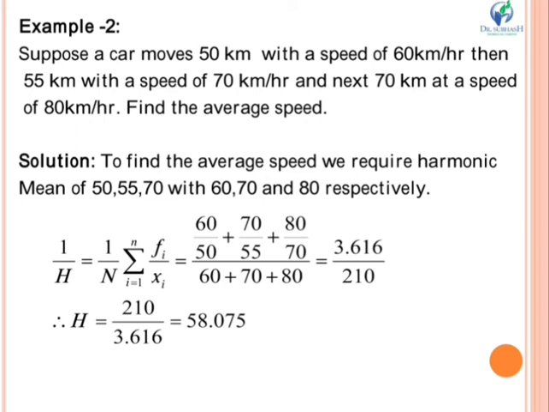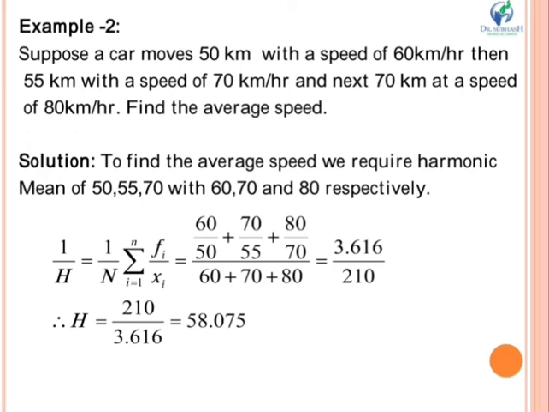Now let us see the solution. To find the average speed, we require to find the harmonic mean of the distances 50, 55, 70, with respect to the speeds, that is 60, 70 and 80 respectively.